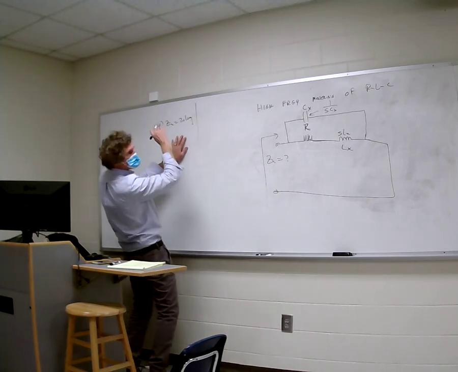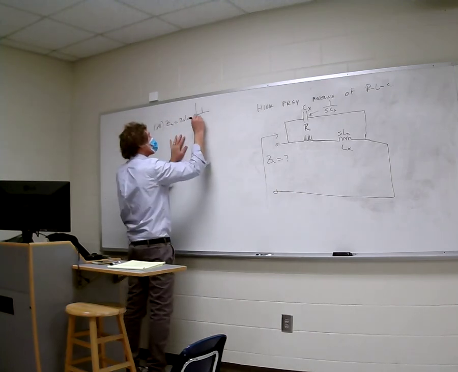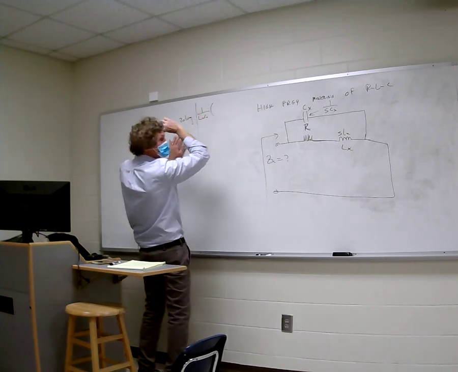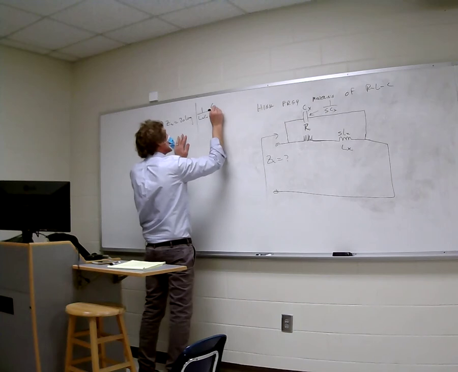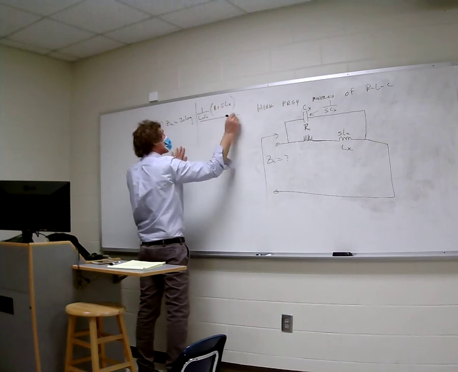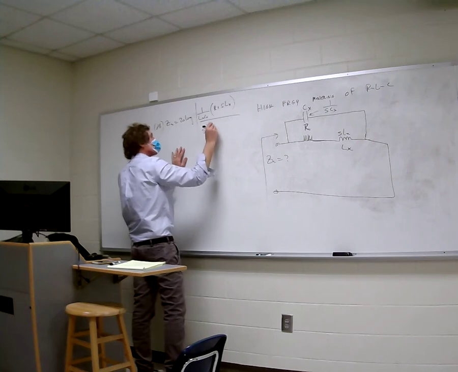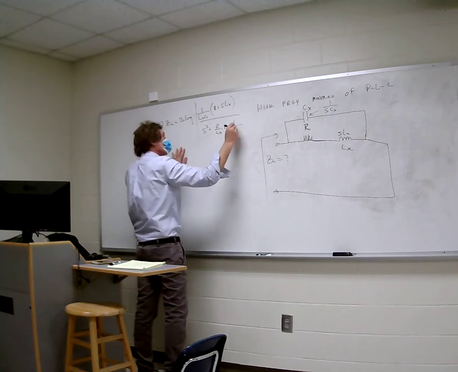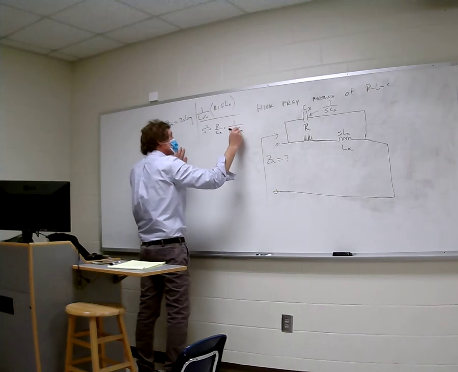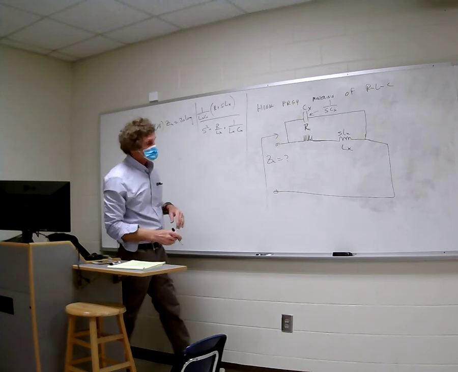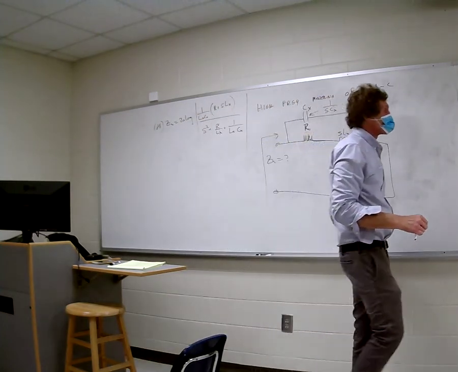For this one, we have 1 over Lx Cx times (R plus S Lx) over (S squared plus R over Lx S plus 1 over Lx Cx). That's the form, 20 times the log of that, and here's what it'll look like.